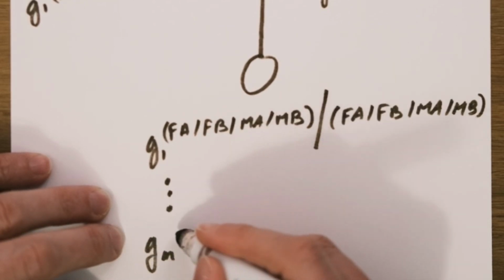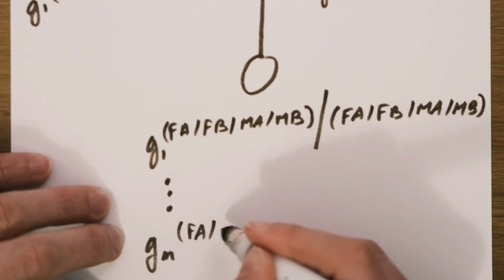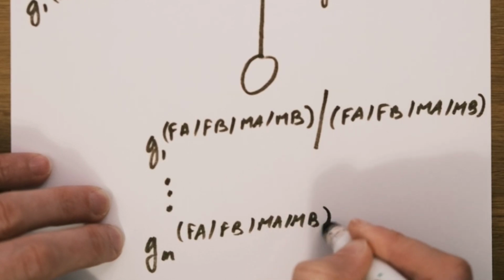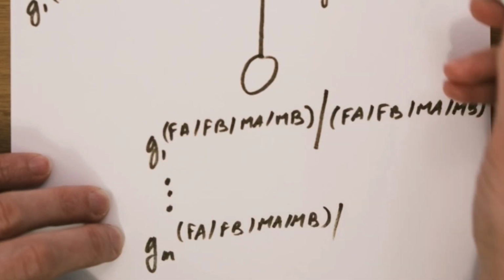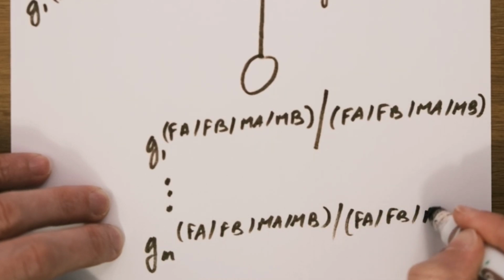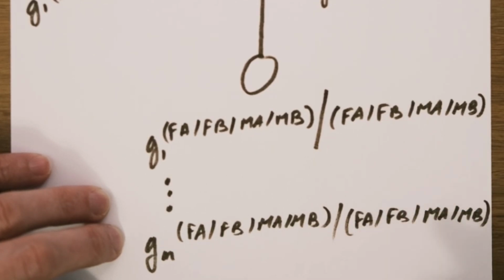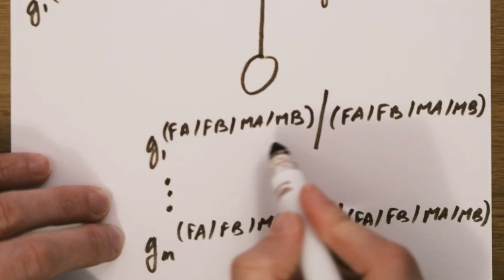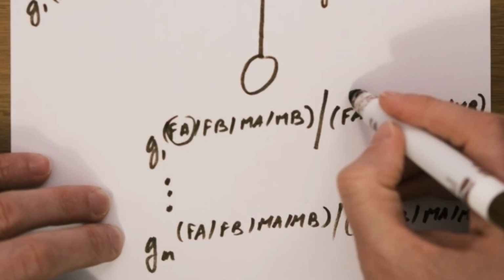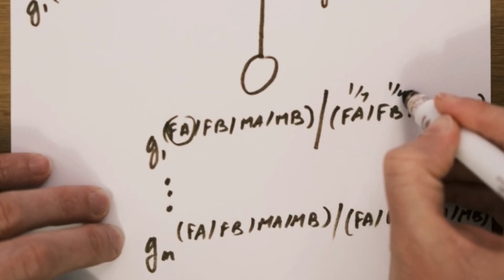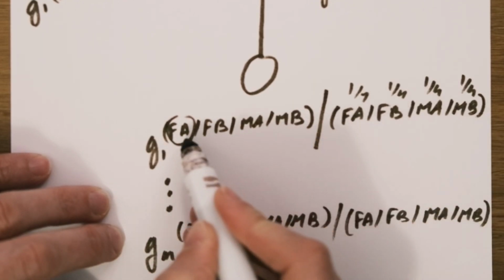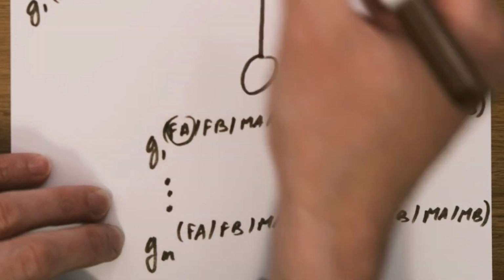So gene N, again, the allele will come from the grandfather A, grandfather B, grandmother A, or grandmother B, those coming from the father, and those coming from the mother will be the same story. And now the thing is, whatever allele they receive from their father, let's say they receive the grandfather A, there will be 1 in 4 chances that the allele in the other chromosome is the very same allele coming from this ancestor.